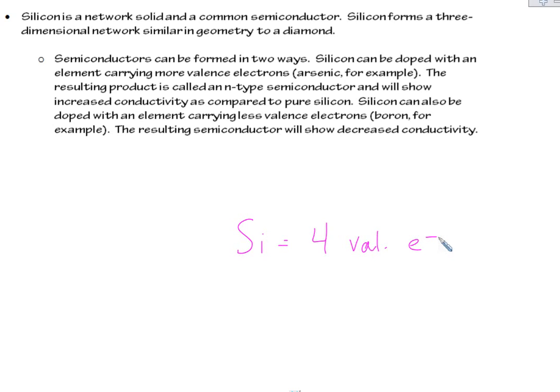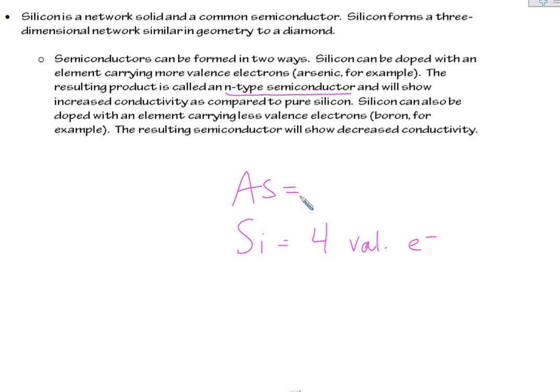One option is called an N-type semiconductor. If we dope silicon, which means we mix silicon atoms with an element carrying more valence electrons, we call it an N-type semiconductor. So for example, let's say we dope this silicon, we mix it with what's listed here, arsenic.